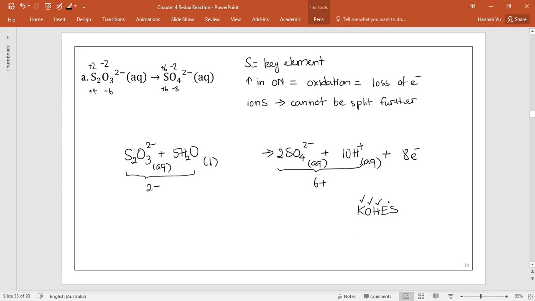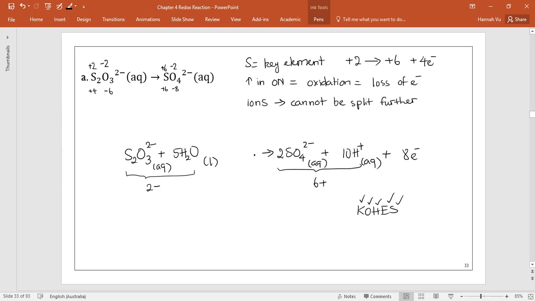Before we finish, I just want to point out that you can do one quick thing to check whether your equation is correct. Besides the fact that if it is oxidation, then you should have electrons on the product side, sulfur has an increase in oxidation number from positive 2 to positive 6. That means that each sulfur atom must lose 4 electrons in order to increase its oxidation number from positive 2 to positive 6.